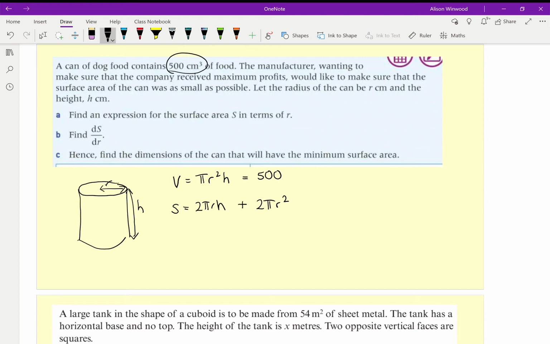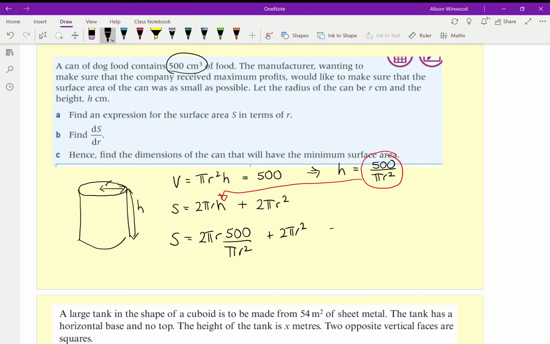But from what we know about the volume, we can find out what h is in terms of r, because by rearranging we get h is 500 over pi r squared, and we can substitute that for our h in our equation. So our formula for s is 2 pi r times 500 over pi r squared plus 2 pi r squared. Simplifying, that gives us s equals 1000 over r plus 2 pi r squared.